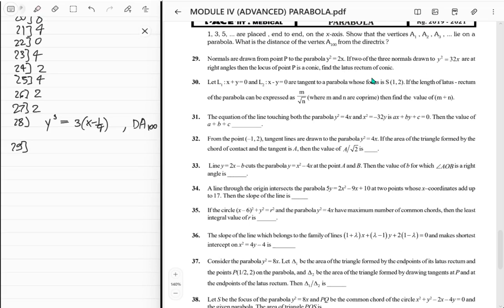What? I don't understand what this question is saying. Normals are drawn from point P to this parabola. Okay, cool. And then what? If 2 of the 3 normals drawn to parabola, this is different. This is not that parabola. So with some other parabola to which you are drawing 3 normals, and those have 2 normals being at right angles. Fine.